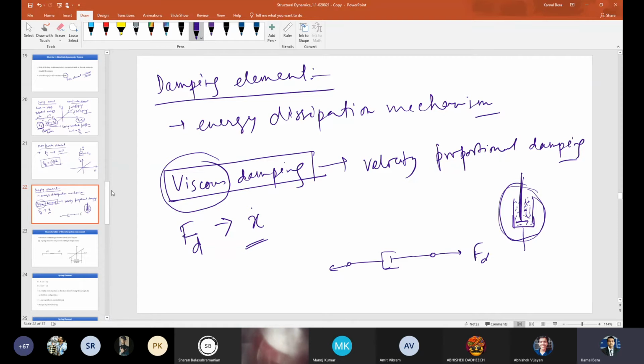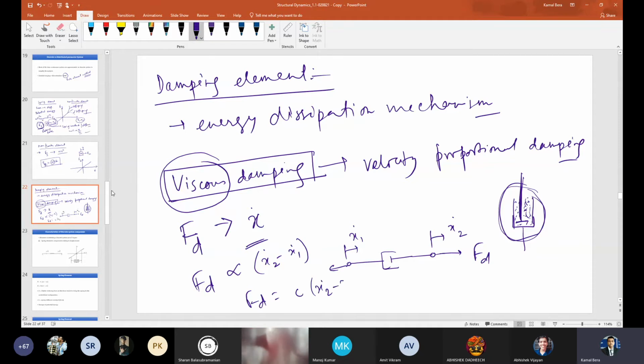These are the forces FD. I am calling FD proportional to the change in the velocity. If this is x2 dot and this is x1 dot, then I can write FD equals c times (x2 dot minus x1 dot), where the proportionality constant c is called the coefficient of viscous damping, or viscous damping coefficient.